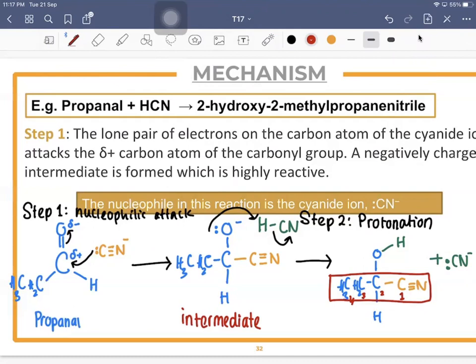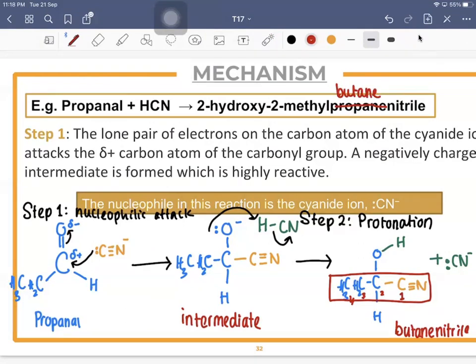It's not propanenitrile, it should be butanenitrile. Can you change this part in your notes? It should be not propane but butane, because you started with 3 carbons and you have to end up with 4 carbons.